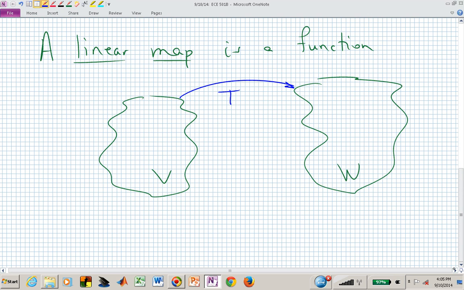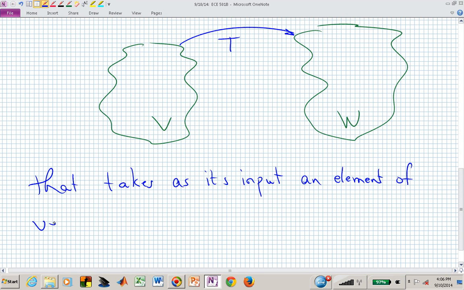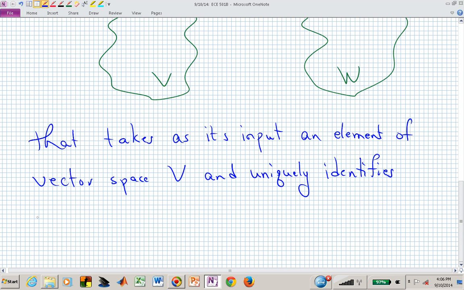A linear map is a function that takes as its input an element of, let's say, vector space V, and uniquely identifies an element of vector space W.